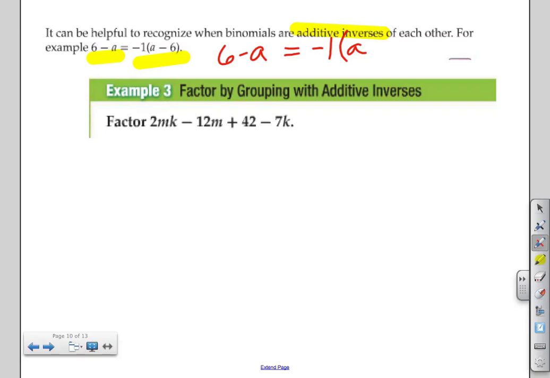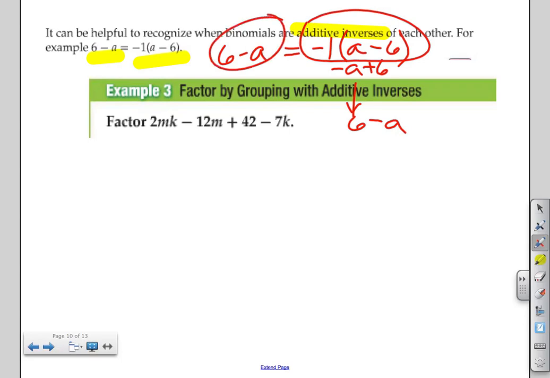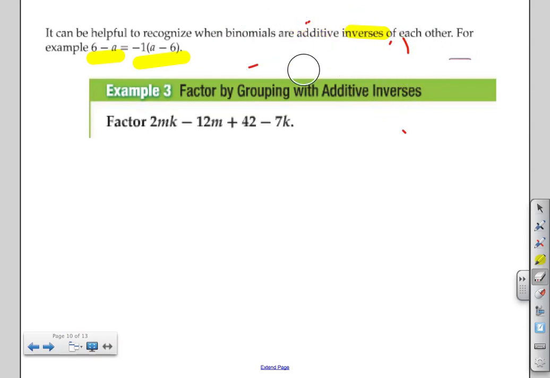And negative 1 times negative 6 is a positive 6. So that's the same as negative a plus 6. Well, rewrite that, and that's the same as 6 minus a. So do you see how this and this are the same? I just want you to be able to recognize those patterns. That can be helpful when you're doing factoring.